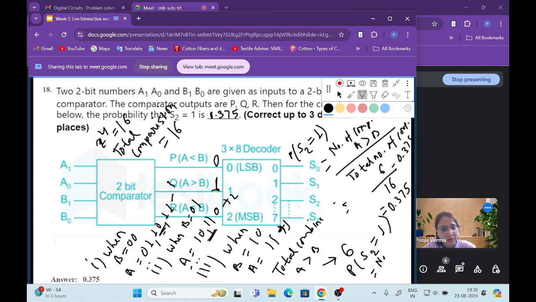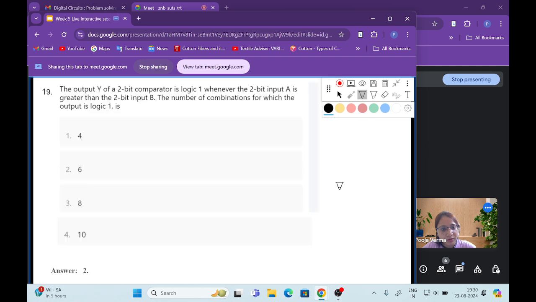Okay. So I hope you got this question. So moving to the next question. Yeah. So next question is the output Y of a 2-bit comparator is logic 1 whenever the 2-bit input A is greater than 2-bit input B. Okay. And when 2-bit input A is greater than 2-bit input B, then output Y of a 2-bit comparator is logic 1.